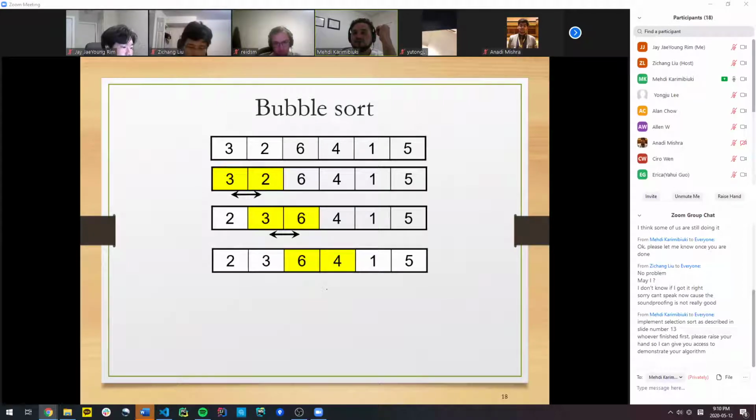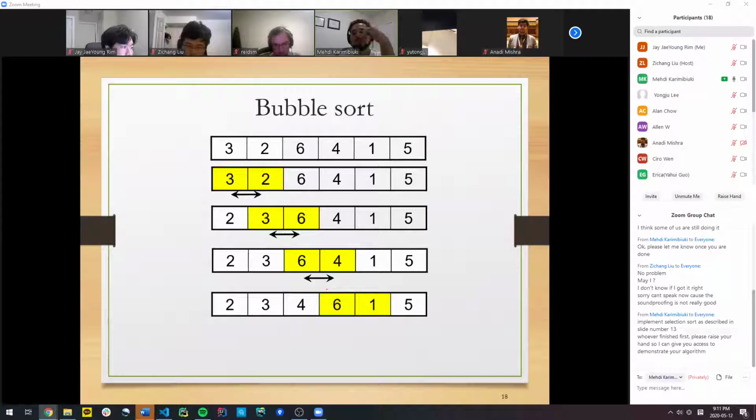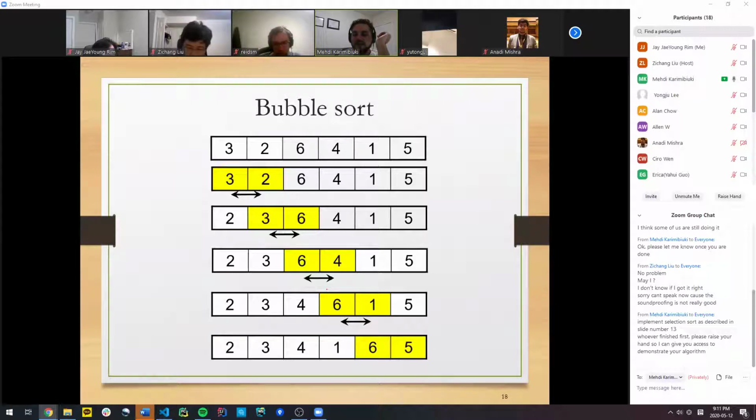Next is 6 and 4. 6 is bigger than 4, so 6 should be pushed to the back, right? So we keep doing that. Next is 6 and 1. So we compare 6 and 1. 1 is smaller, so 6 will be pushed to the right side. And last but not least is 6 and 5. We have to do the swapping again, and that will place 6 at the end of the array. So can someone tell me what's happening here?